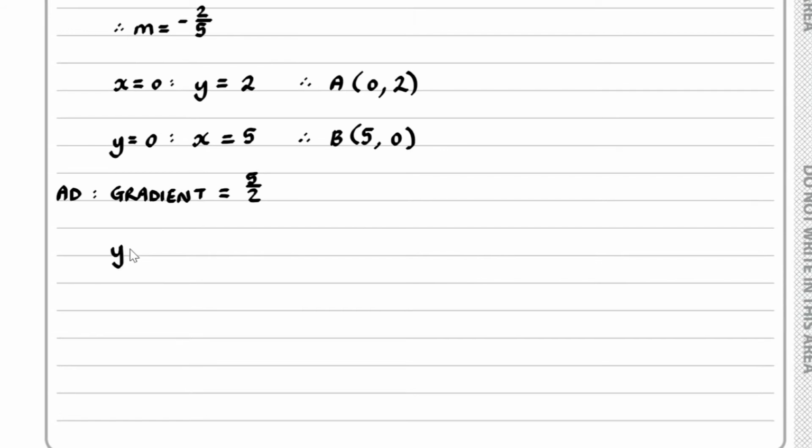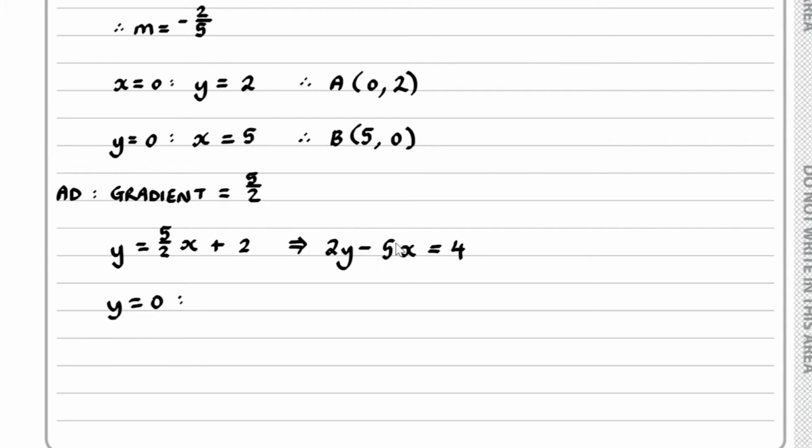So we've got y equals 5 over 2 x plus 2. And we can rearrange this to say that the equation of the line AD will be given by 2y minus 5x equals 4.